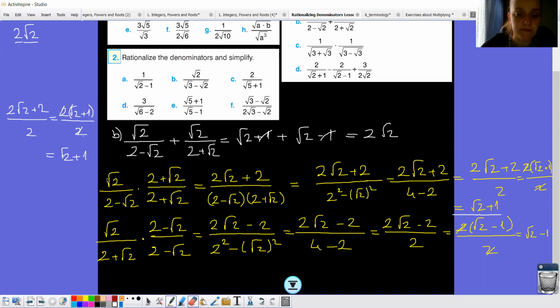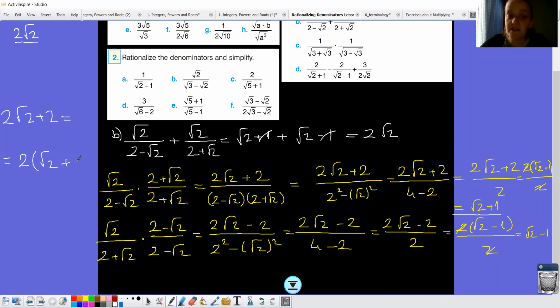When you have this, 2 root 2 plus 2, 2 is in common, yes? So I'm taking in front of parentheses. Root 2 from the first term, root 2 is left, plus I have taken this 2. When I am taking that 2, 1 is left instead of it.